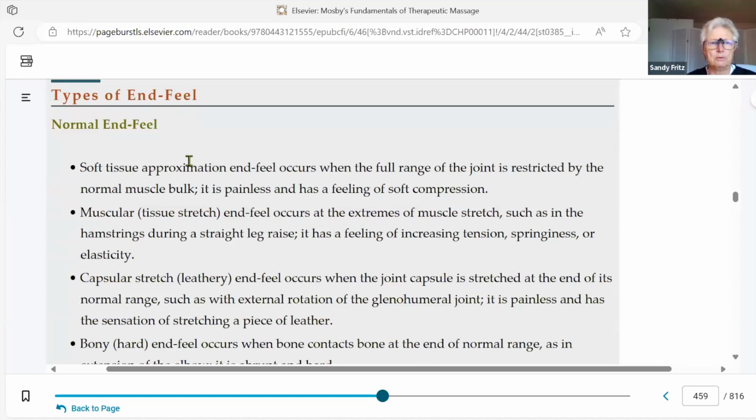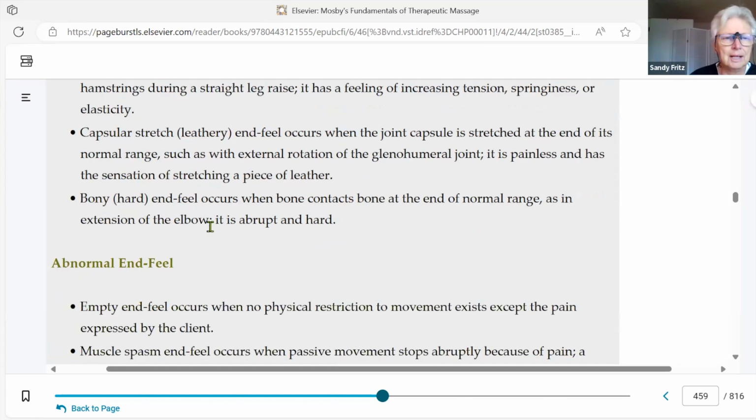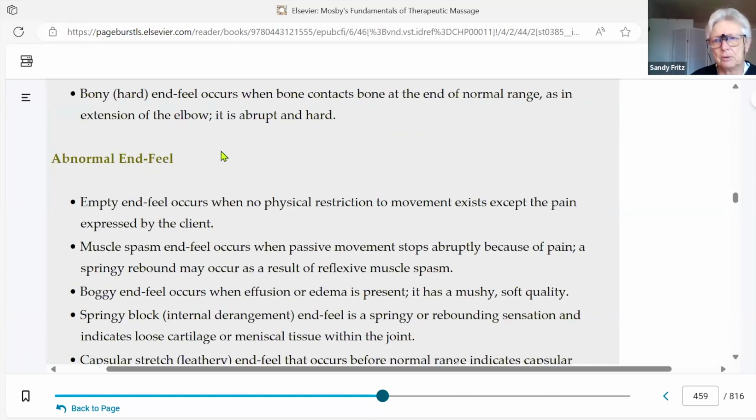And then at the end of the range, what do we feel as we approach the actual joint capsule itself? And we almost always want a soft tissue end feel. We don't want a hard bony end feel, or we don't want to feel like it doesn't have an end feel. That would happen if the capsule or the ligaments surrounding the joint capsule have been compromised.